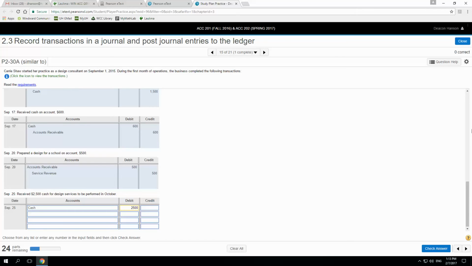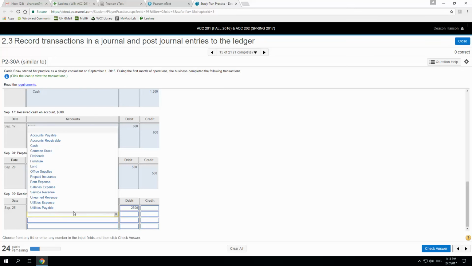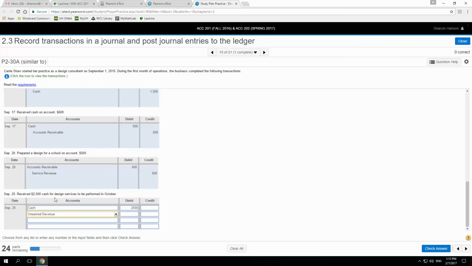Forget about that, you've taken care of the cash. Now, because the work has not been performed yet, our company has an obligation, and the obligation is to perform the work, right? It's not to pay money back, it's to perform the work. So we cannot call it revenue, we have to call it a liability, and that liability is unearned service revenue. That account is a liability to show that we owe $2,500 worth of design work.